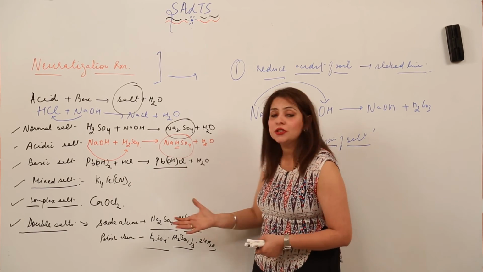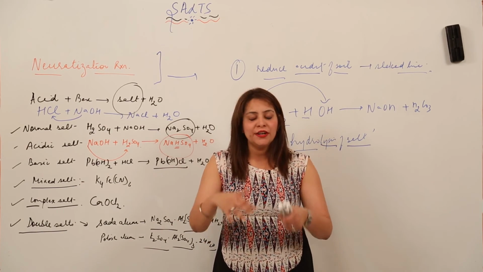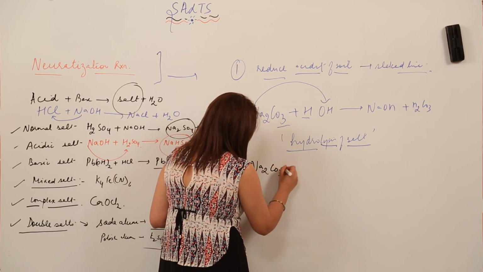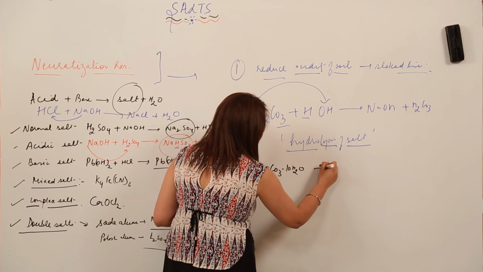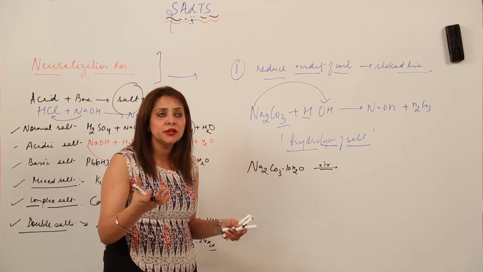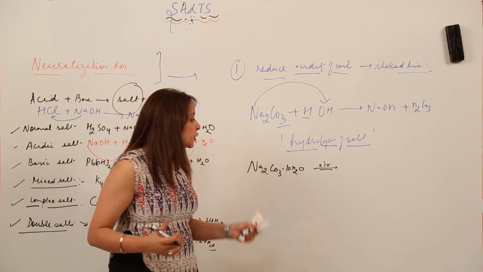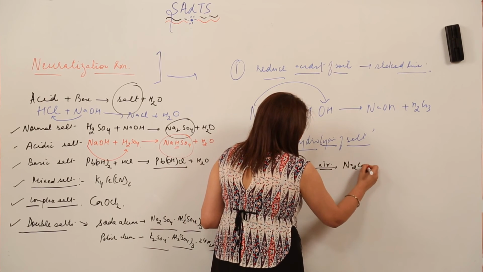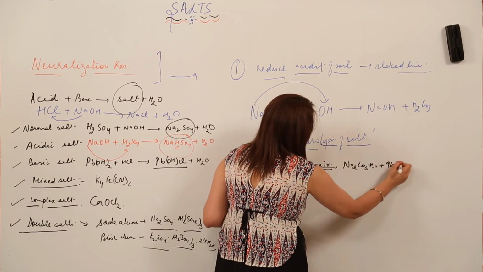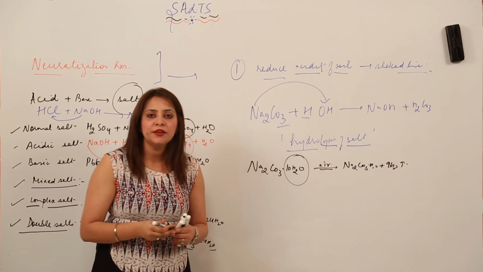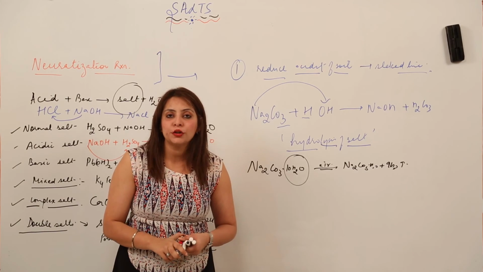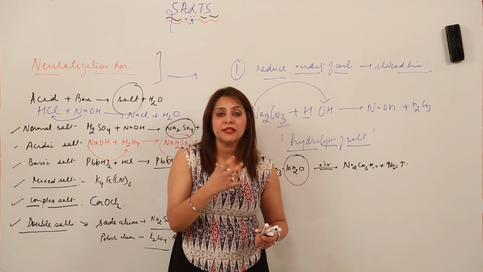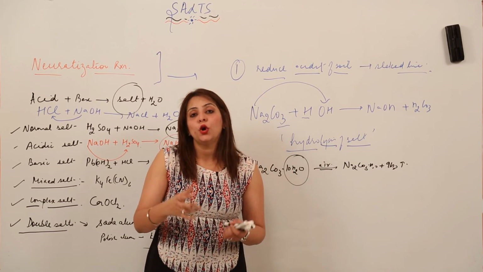If I talk about washing soda, which is Na2CO3.10H2O, when I expose it to air, there is heat around, so it will evaporate the water of crystallization, with loss of 9 molecules of water. Not all the water molecules get evaporated; only a certain number of molecules of water of crystallization get evaporated. That loss of the water of crystallization when salt is exposed to air is called efflorescence.